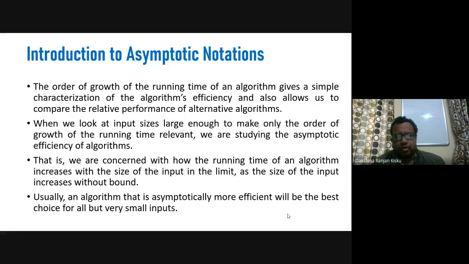Okay, so the order of growth rate of the running time of an algorithm can be represented by the asymptotic notations. That is why the asymptotic notations are very useful mathematical tools to compare the alternative algorithms.